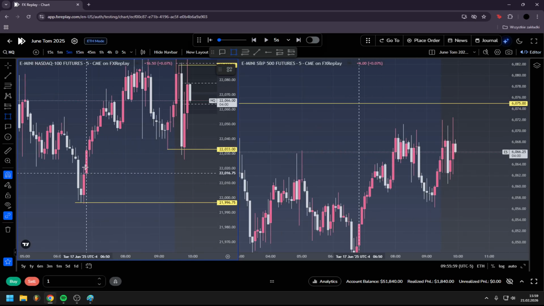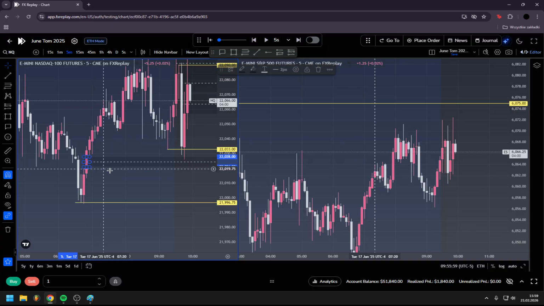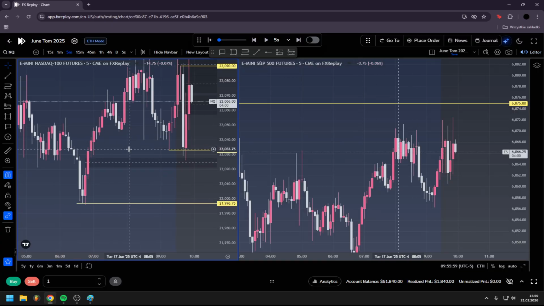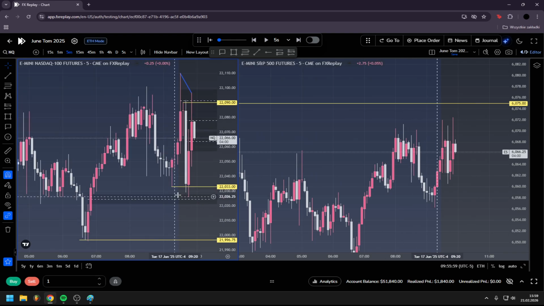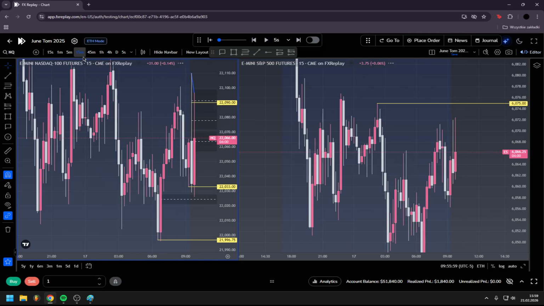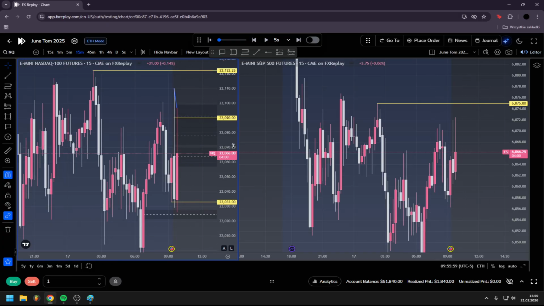We definitely see that we tapped into this buy side and displaced higher. The 15-minute does look more likely unclear because we disrespected this buy side.